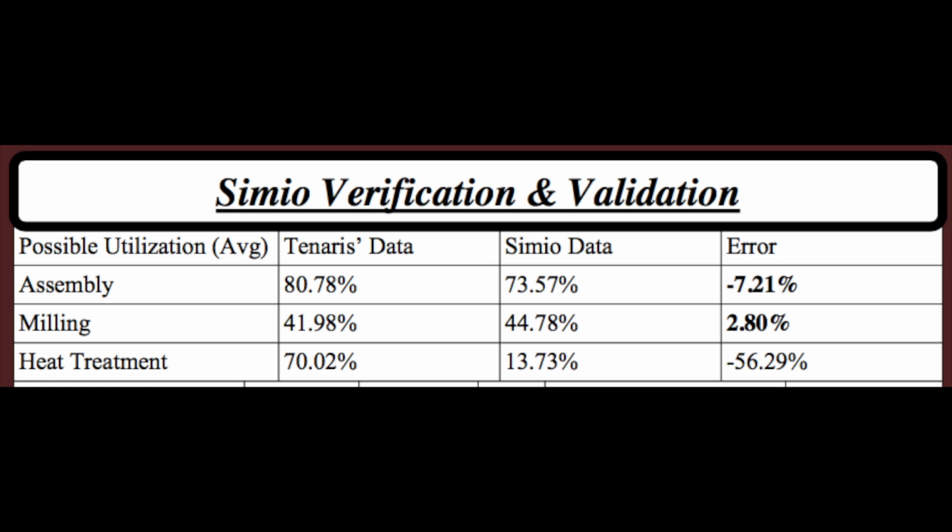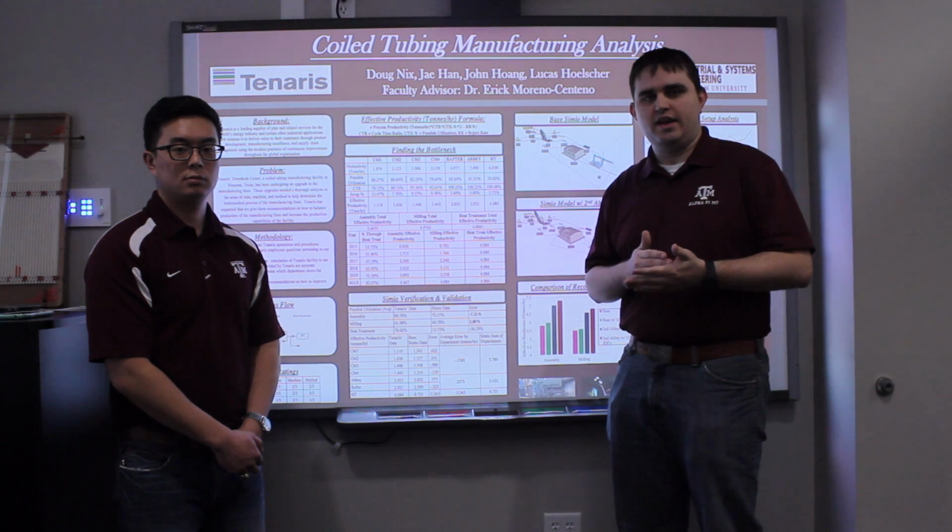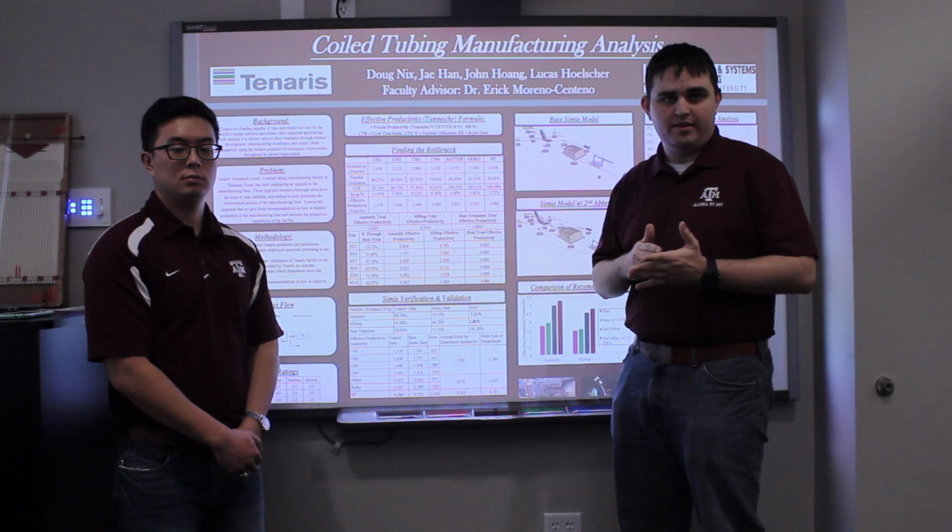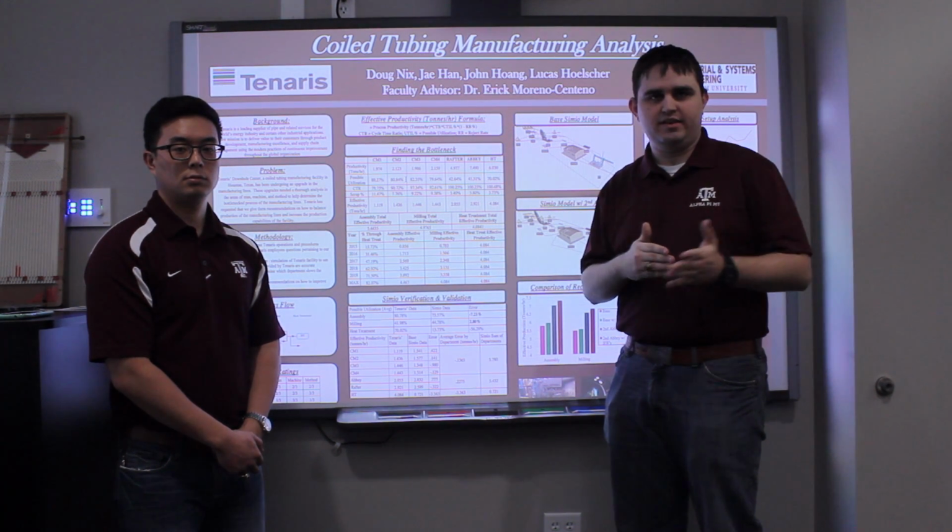which produced a very large error in the effective productivity for what Tenaris projects heat treatment to be compared to what our model suggests. Now, this is due to heat treatment being a brand new department that Tenaris has only recently finished.